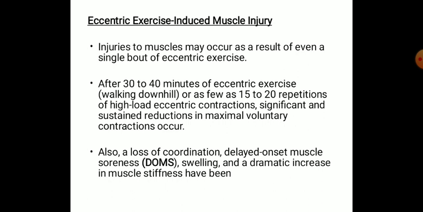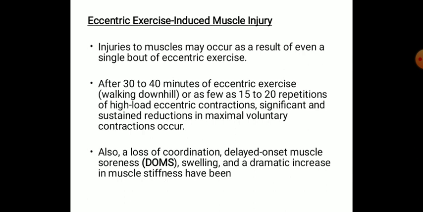So next is eccentric exercise induced muscle injury. When we discussed types of muscle contraction, there are many types: concentric, eccentric and isometric. Concentric and isometric are not injury causing types of contraction, but eccentric muscular contraction can cause some muscular injuries.